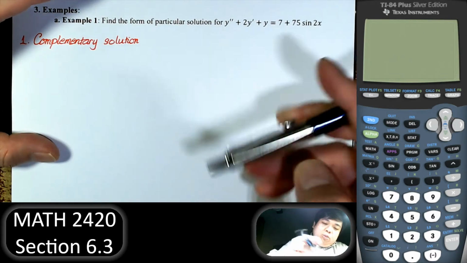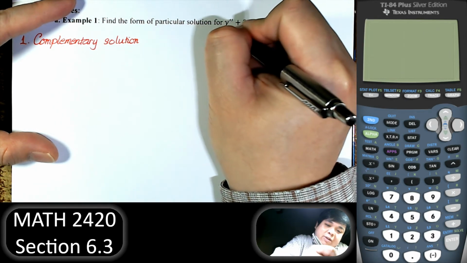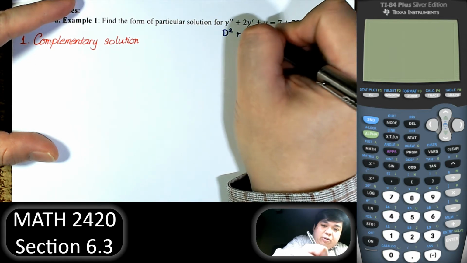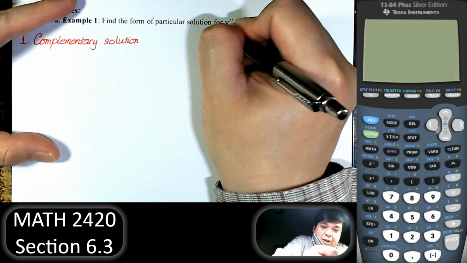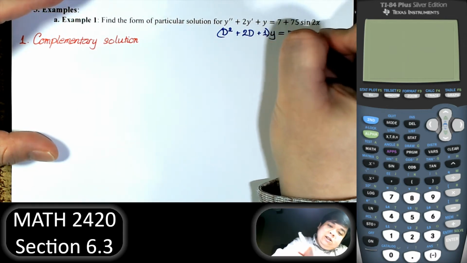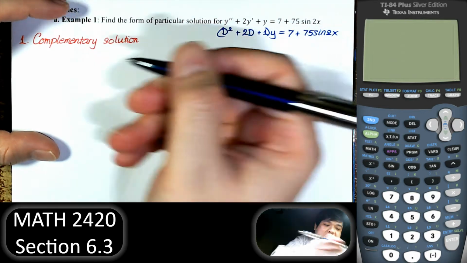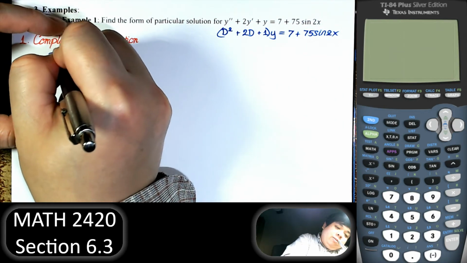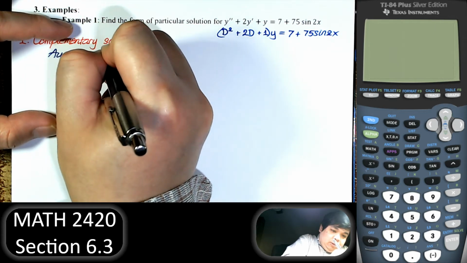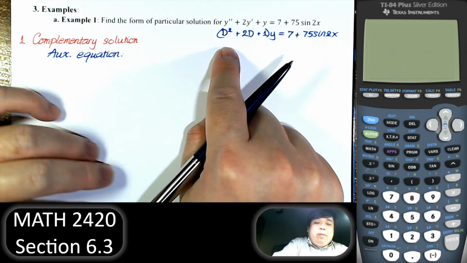For this one, if we want to write it in differential form, the second derivative is D squared, the first derivative is 2D, and the function is just 1. Yeah, we can rewrite it like that. Or of course we can just write the auxiliary equation, which is exactly like this, but instead of D we have r.